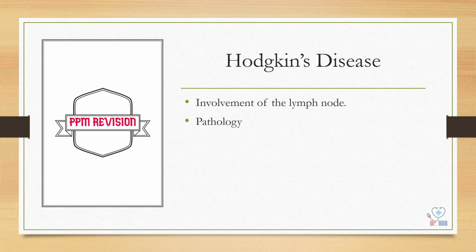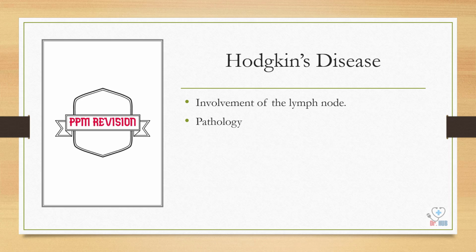Then moving on to the morphological features, Hodgkin's lymphoma mainly affects the cervical, supraclavicular and the axillary groups, and here the infiltration of the surrounding tissues can also be seen.